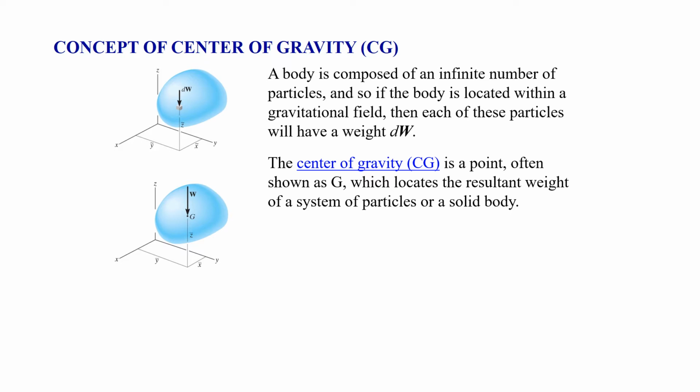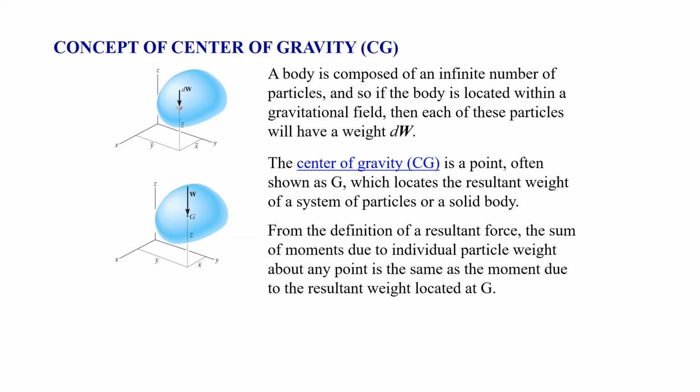It might be a body composed of different components, but if we're going to consider them as one entire body, then we have to consider each of the components. From the definition of resultant force, the sum of the moments due to the individual particle weights about any point is the same as the moment due to the resultant weight located at G. Why is that a big deal?